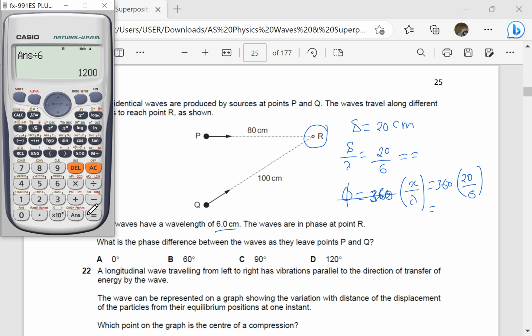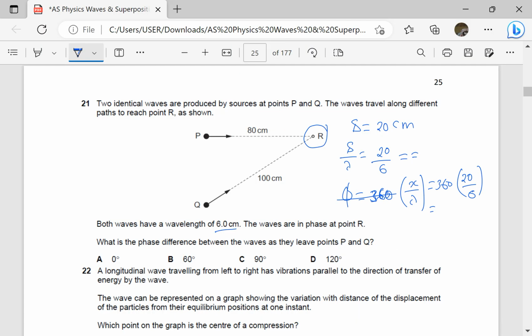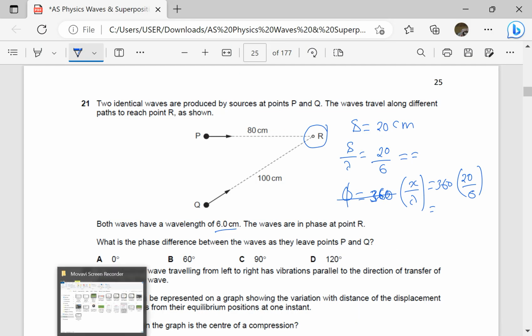Sorry, the path difference is 60 divided by wavelength. Okay, so this is going to be 1200 degrees.